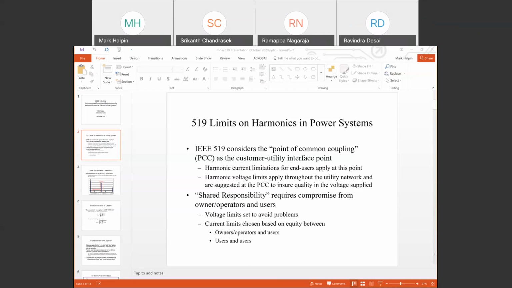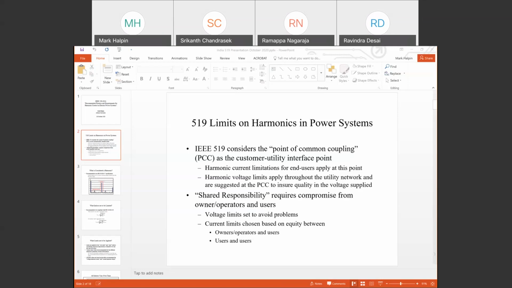And it's the interaction between the impedance, which is largely under the control of the utility, and the current, which is largely under the control of the user. It's that combination that we're trying to manage. So the utility is responsible for voltage. The end user is responsible for current.